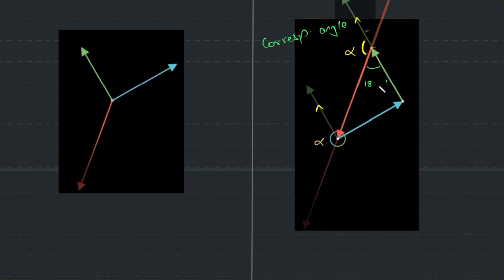Then how much will this be? 180 minus alpha. So this was alpha, and this became 180 minus alpha. It is the opposite angle to the blue. Can you see that? Opposite to that is this particular angle, and that is 180 minus alpha.